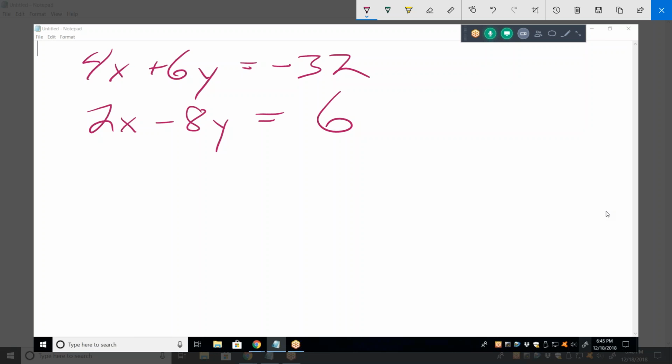If I add or subtract these equations as they are, there's no variable that's going to get eliminated. I'm going to have x's and y's. I got to get these equations into a state where either adding or subtracting the equations will eliminate a variable. What can I do to do that? This is equation 1, that's equation 2.